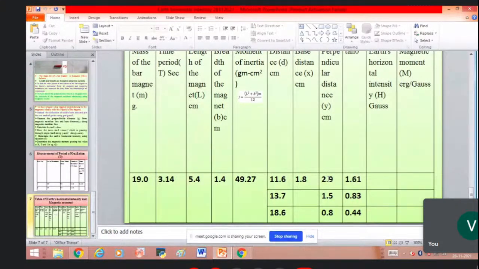Okay, so I will make just one comment on this experiment. In undergraduate labs, probably all undergraduate labs have this experimental setup with a wooden base on which a big magnetometer is put. This is a deflection magnetometer, sir.